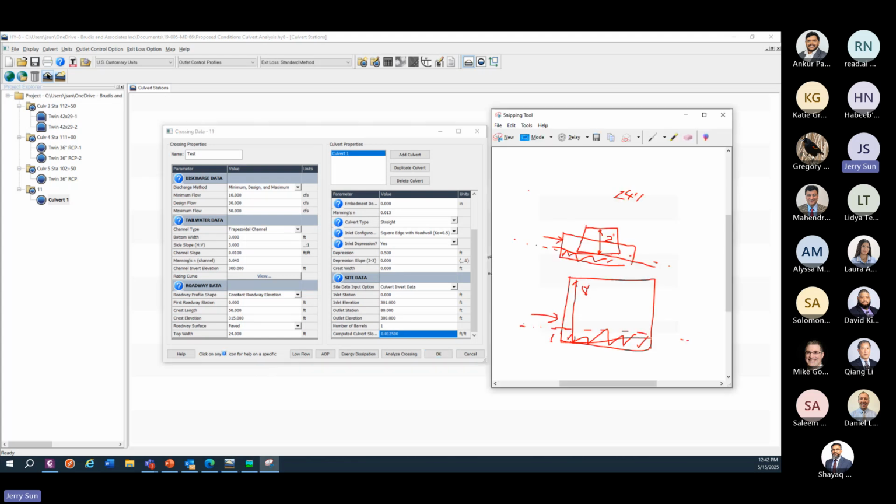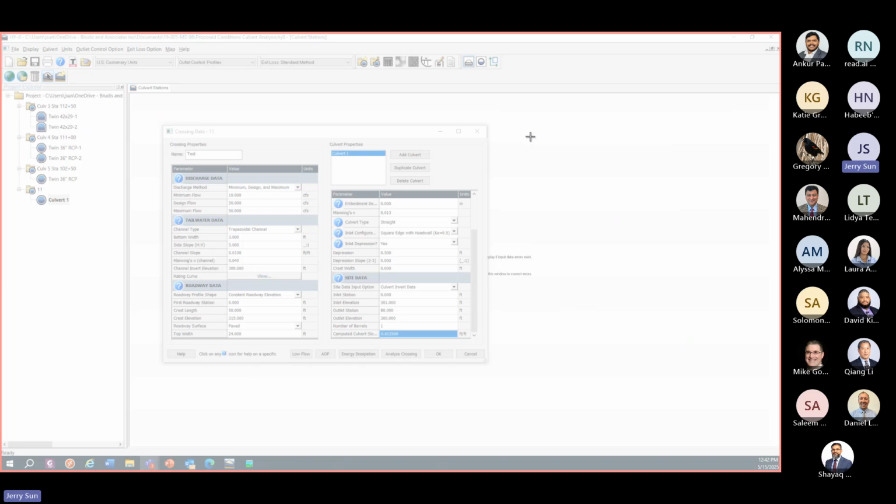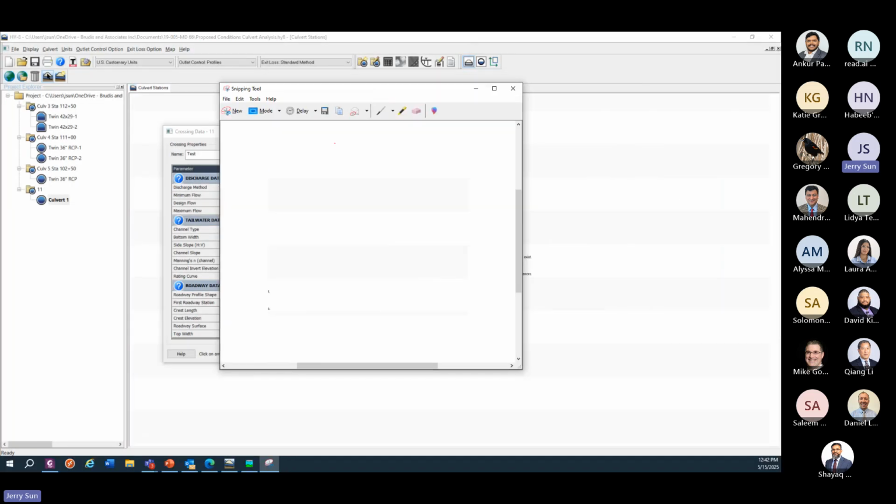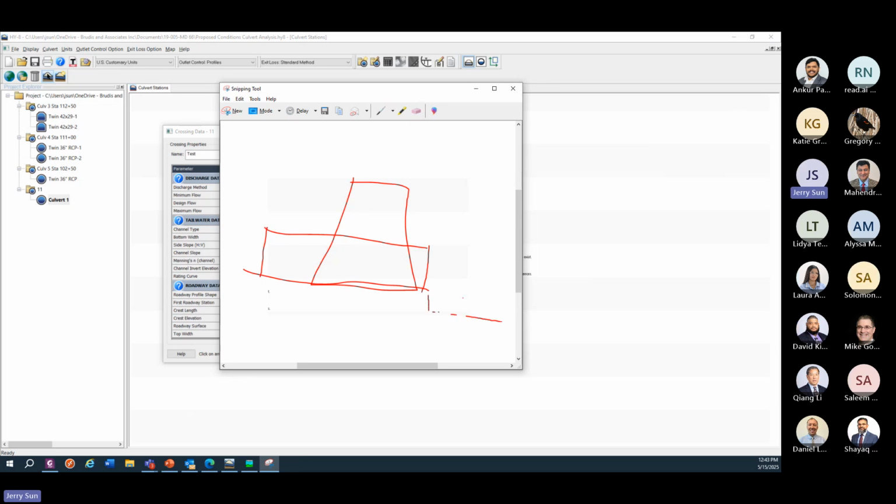Of course, sometimes they may not be the same. For example, we have a big culvert here, and a roadway here. We have the big culvert design, but for the downstream, below this outlet elevation, the downstream channel is lower, for example, lower by 1 foot.